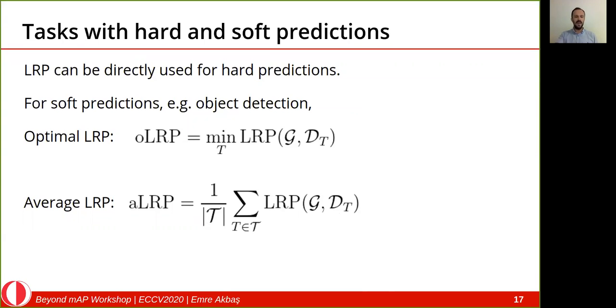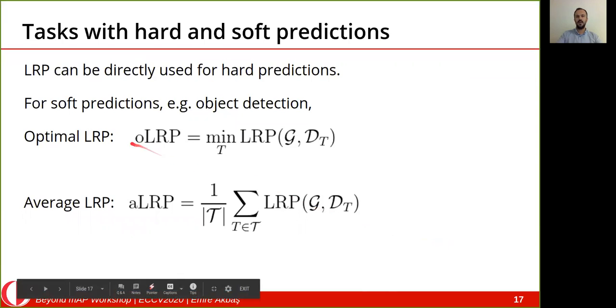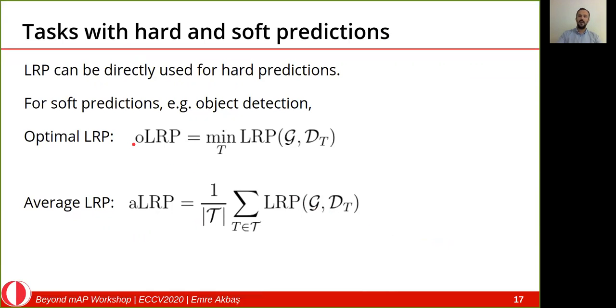And from those T versus LRP values, you can calculate two different things. One of them is optimal LRP, OLRP for short, and this is basically the minimum LRP value along that T versus LRP curve. And the other is average LRP, which is just the average of the LRP values that you get for different detection thresholds.